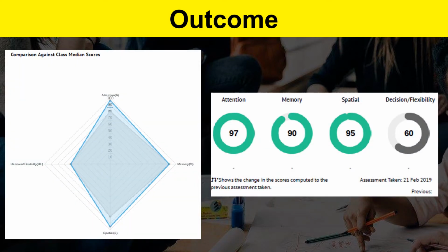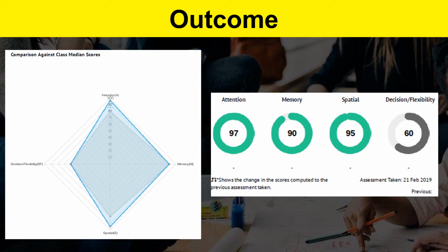Number one is how strong this person is in terms of these cognitive skills: attention, memory, spatial, decision, and flexibility. Like in this example, the student is very strong in attention after doing the diagnostic. And on the left hand side of the screen, you will see that the student is actually quite strong compared to the rest of his peers, because his scores are the blue line and the rest of his peers are the gray line inside.